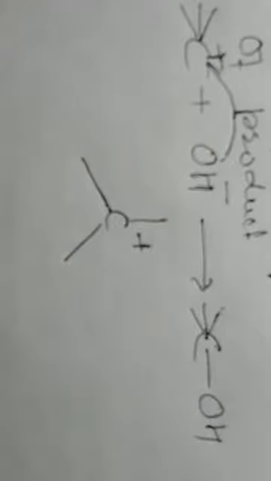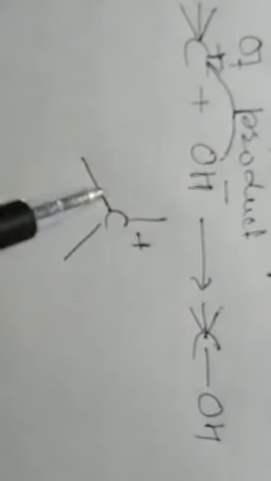Okay, and due to this planar structure of this carbonium ion, which is formed here as an intermediate, the incoming nucleophile can attack this site of the carbonium ion from this side or this side with equal efficiency.